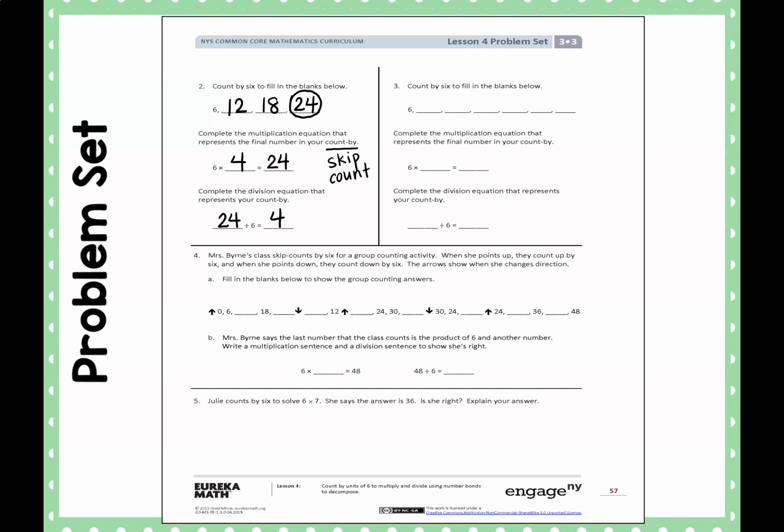Alright, let's move on to number 3. It's the same type of question. It says count by 6 to fill in the blanks below. Okay, so we have some more 6s to skip count by this time.